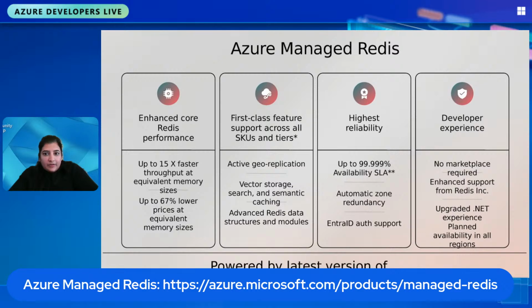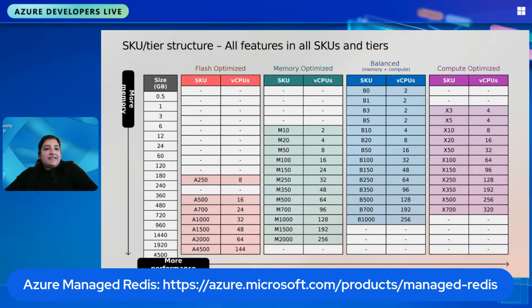Then moving on, next slide. We've also restructured the SKUs a little bit. In the past, with our previous offerings, the only way to get more throughput or more performance was to scale up to a bigger instance, which meant that you also got more memory, but you don't really need more memory, you just need more performance. But there was no way to separate those things out. So we have restructured the SKUs into three different options.